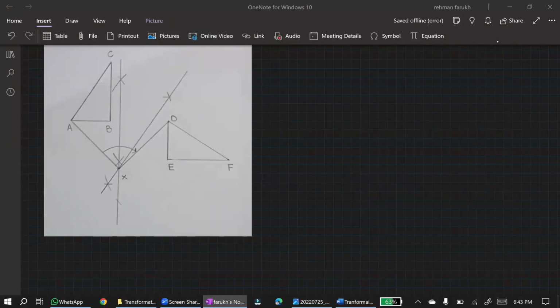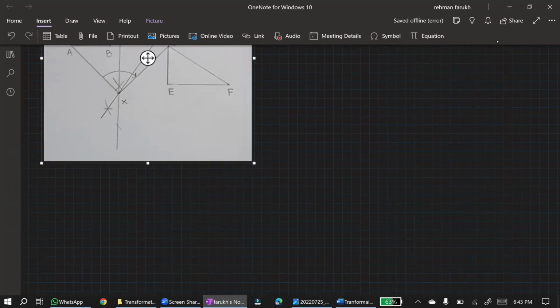Now I will write down the steps to find out the center of rotation. Draw two perpendicular bisectors. This one is the sign for perpendicular bisector.